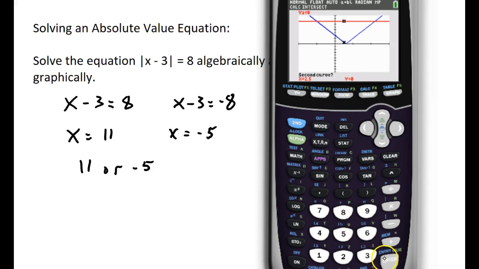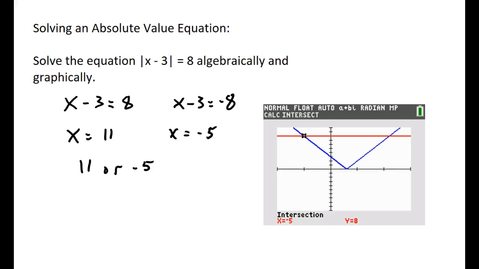So there's my first curve, enter, second curve, enter, and then I'm going to guess, okay, I'm going to put in -3. And the intersection right there you can see is at -5, 8. And then you do the same thing to get the other intersection. And that other intersection would be, of course, at 11, 8. Okay? So this one here is at -5, 8, and there's 11, 8.